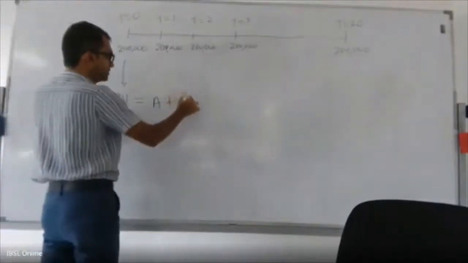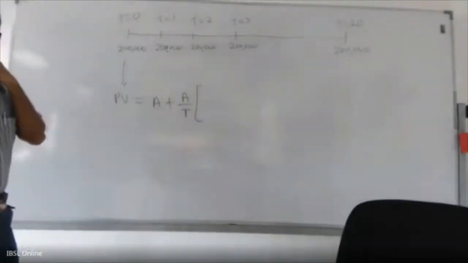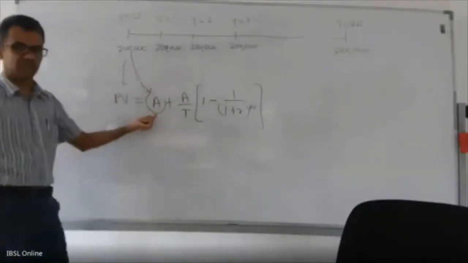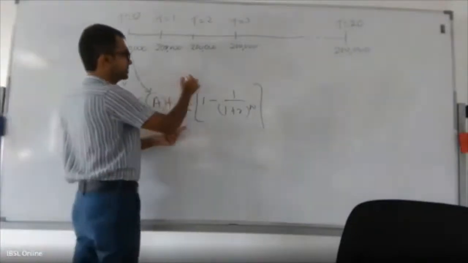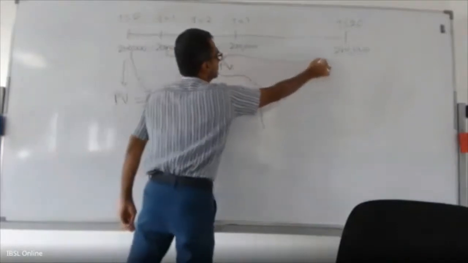What is that equation? A over R, 1 minus 1 divided by 1 plus R to the power n. What is this A? It is the very first cash flow that we receive. What is this part? It is the present value of all these cash flows.